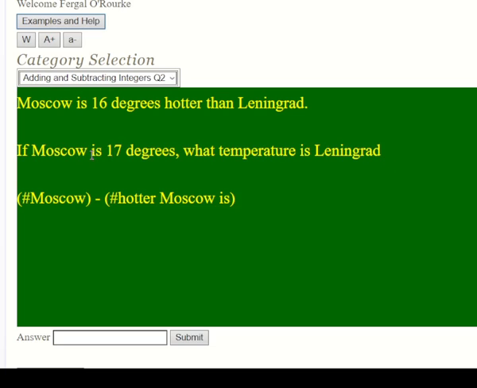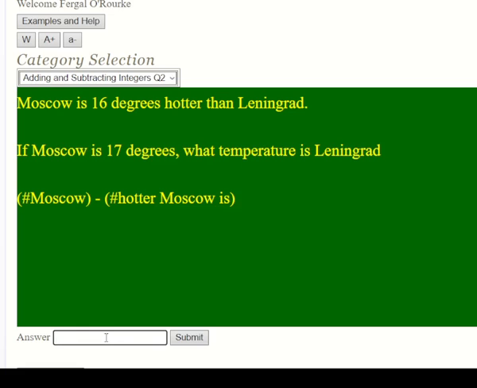So you know the temperature in Moscow, you know Moscow is hotter than Leningrad, so the question is what temperature is Leningrad? To find the temperature in Leningrad, you get the temperature in Moscow and you subtract how much hotter Moscow is. So be careful with this. We're seeing that this is 17 take away 16, and we're given the formula here as well. You find the temperature in Moscow and you subtract how much hotter Moscow is to find the temperature in Leningrad.